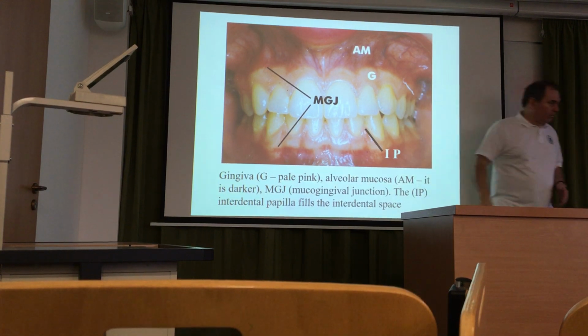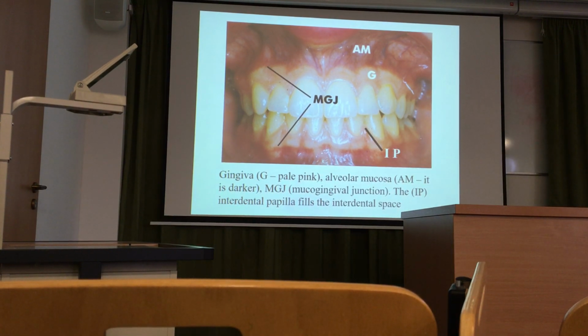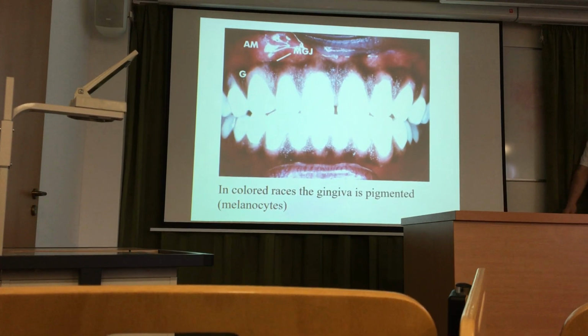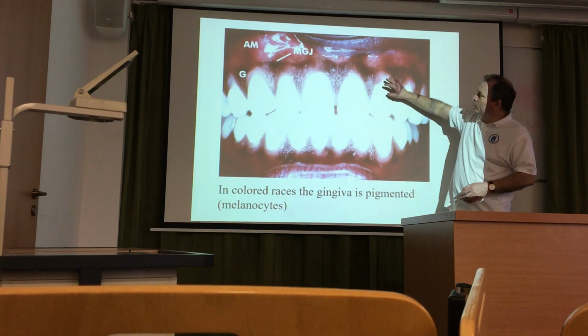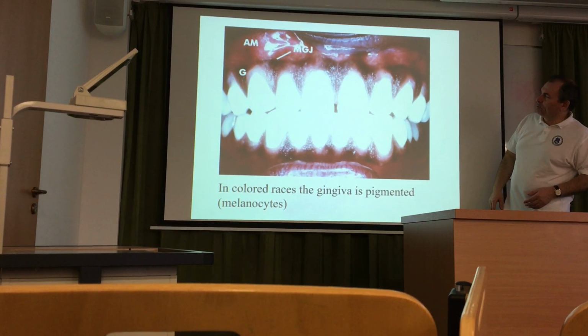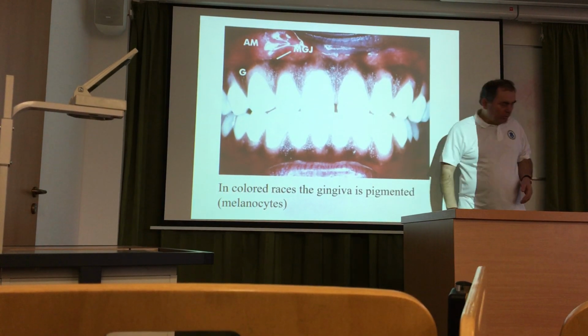These are the areas we should know anatomically. And of course we have discoloration. Normal physiologic discoloration is caused by the melanocytes in the epithelium.